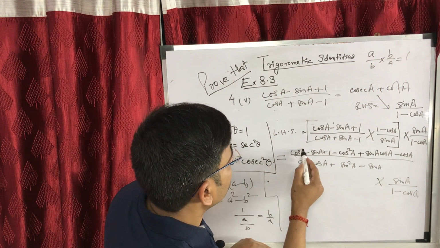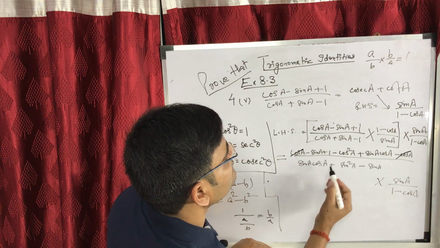So cos A and minus cos A cancel with each other.